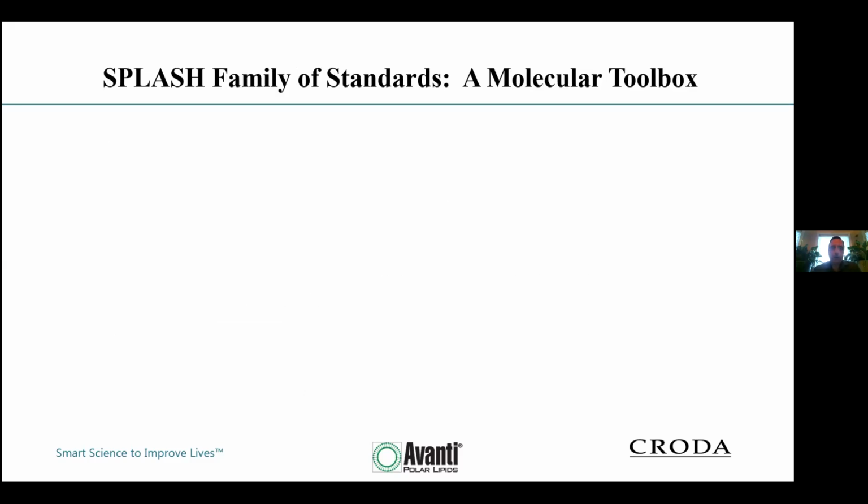And thus came up with the Splash family of standards, which is essentially a molecular toolbox. Much like you'd have a ratchet with different socket sizes, what we wanted to build was a kit of lipids that had different chain lengths, different mixtures, and different classes all in the same vial.